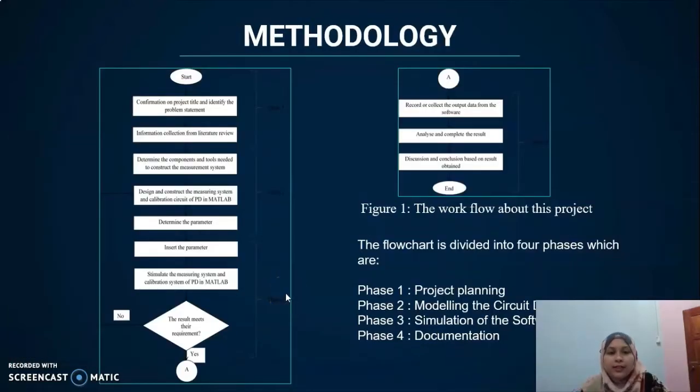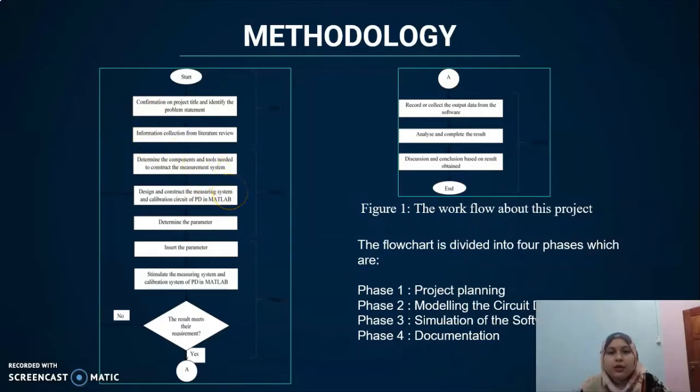For the methodology, it consists of a flowchart that shows the step-by-step workflow for this project. The flowchart is divided into 4 phases. Phase 1 is about project planning, consisting of confirmation of the project title, identifying the problem statement, and information collection from the literature review.